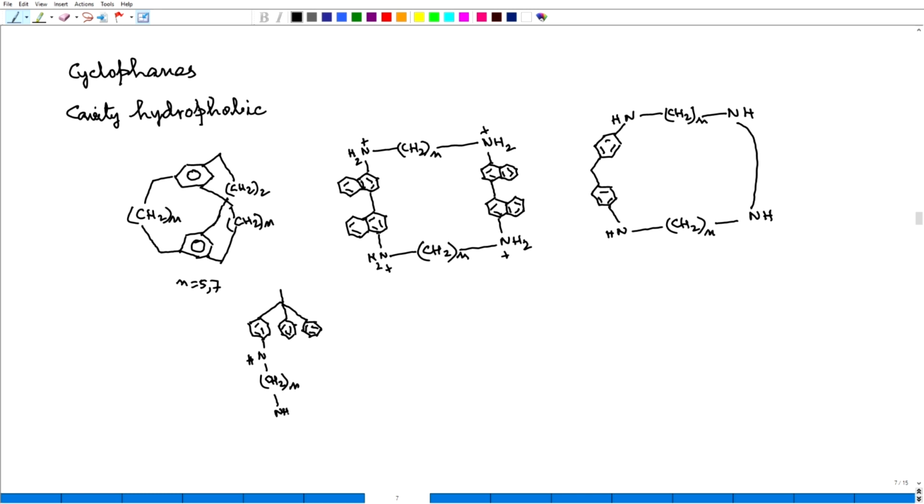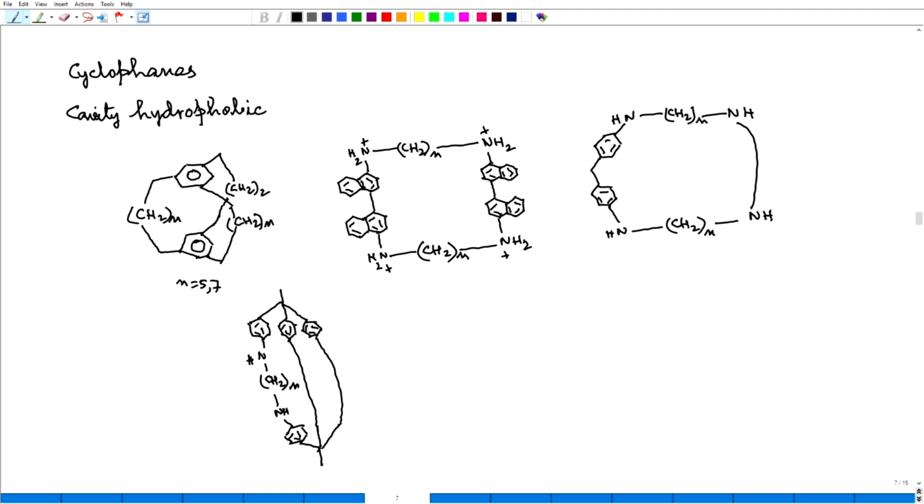Now I will do a cartoon. See this one? If you look at the cryptand structure, this is also like a cryptand, except that this particular one is insoluble in water.